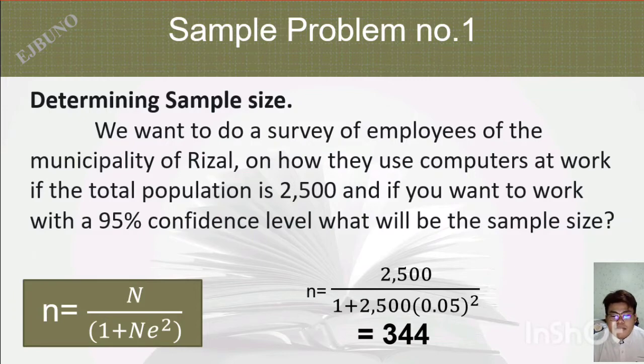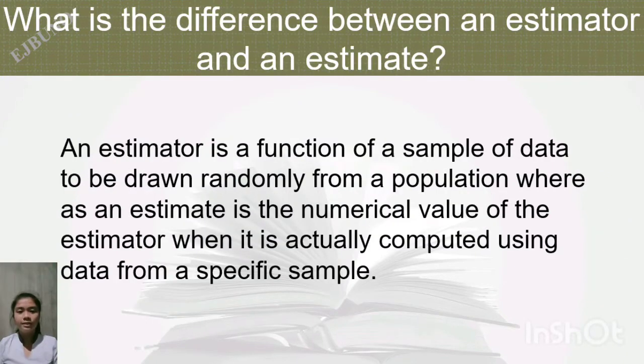Using Slovin's formula, n equals 2,500 over 1 plus 2,500 times 0.05 squared. The answer for this sample problem will be 344.